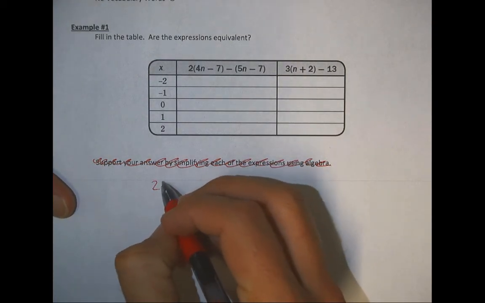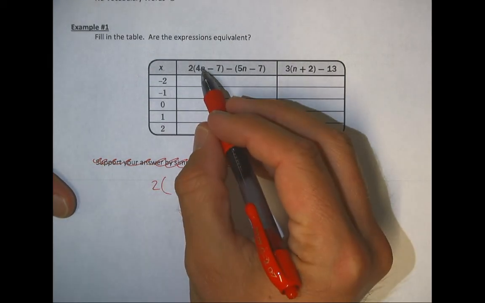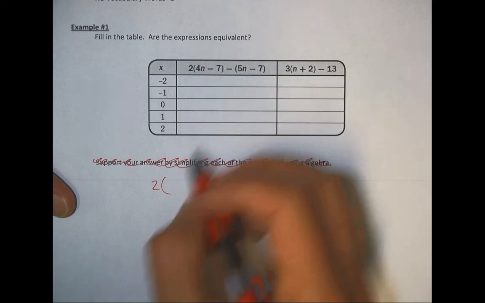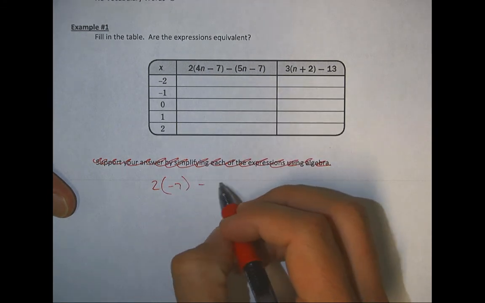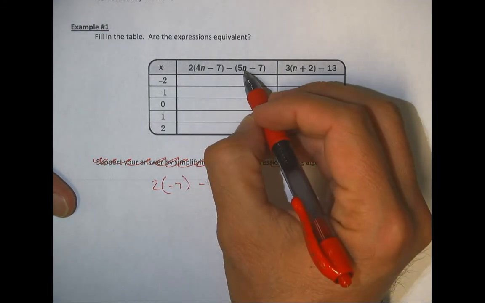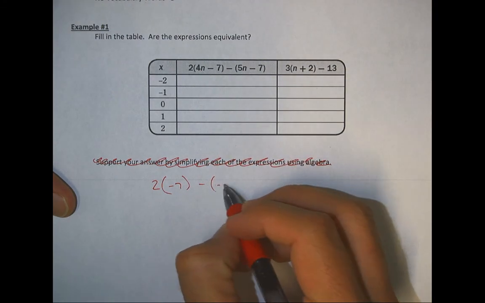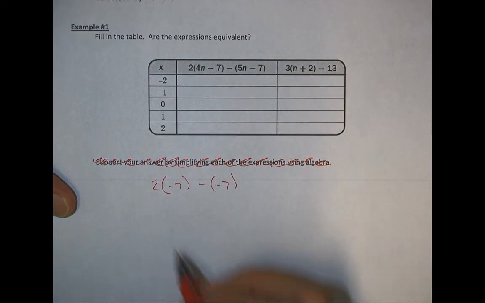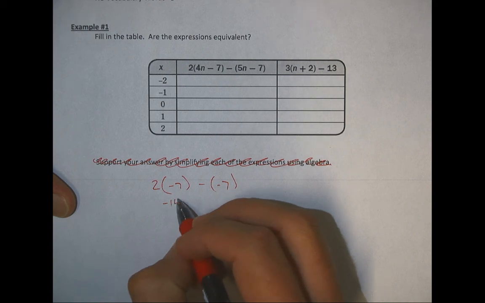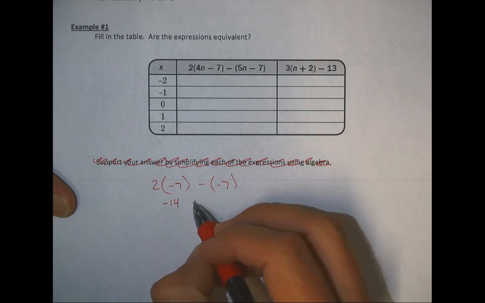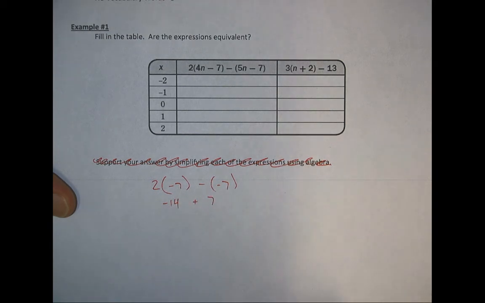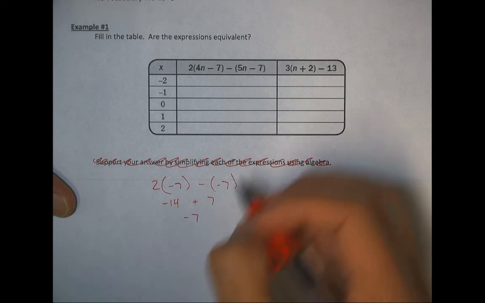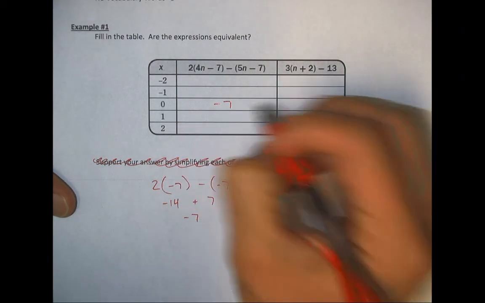So I'm going to do 2 times, if I plug 0 in here, this becomes 4 times 0, 0 minus 7 is negative 7, minus, and then in here 5 times 0 is 0, minus 7 is negative 7. So multiplying here is negative 14, minus a negative goes plus, and negative 14 plus 7 is negative 7. So I got negative 7.